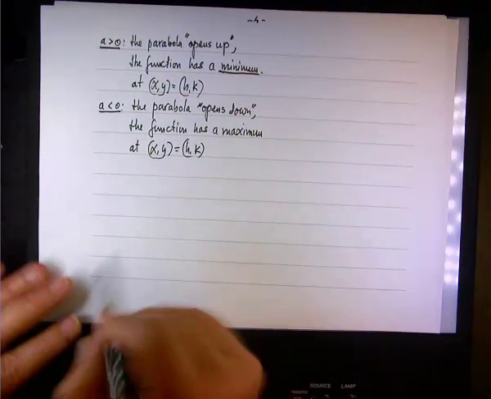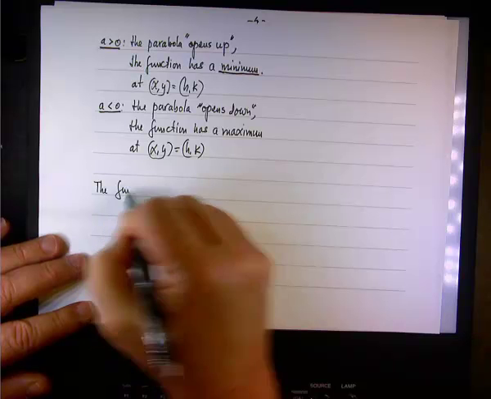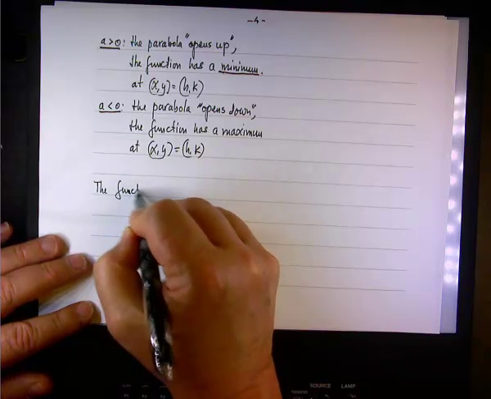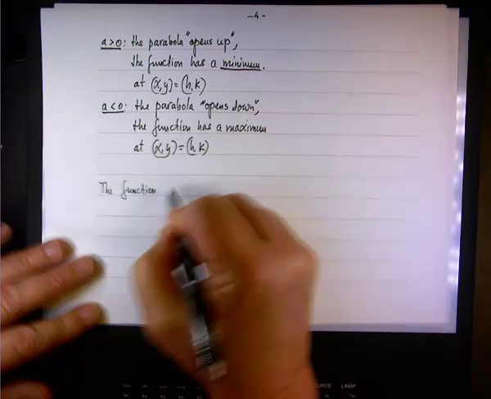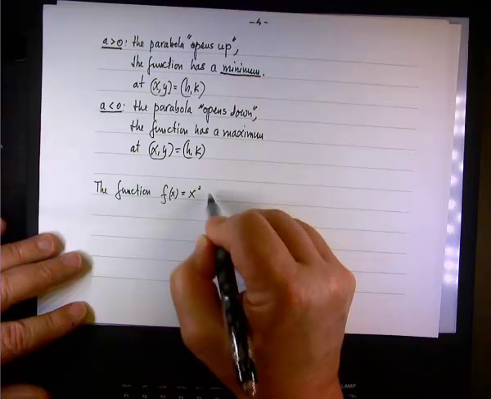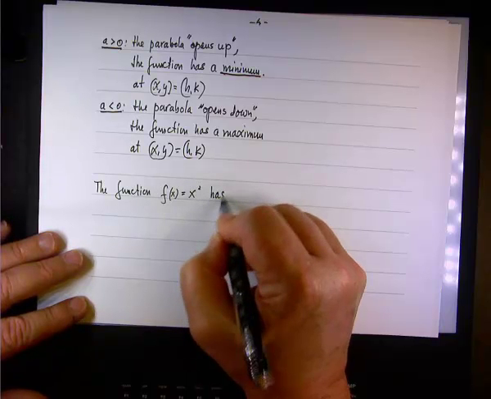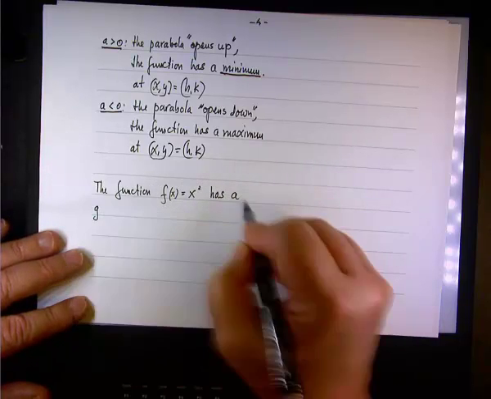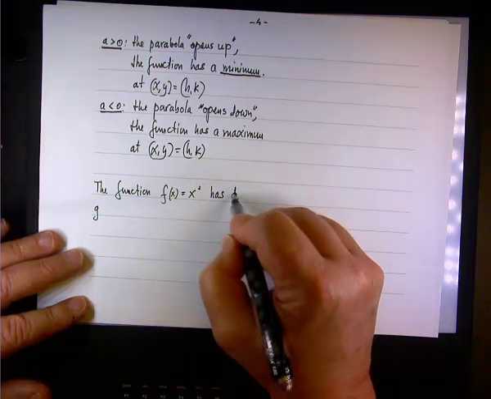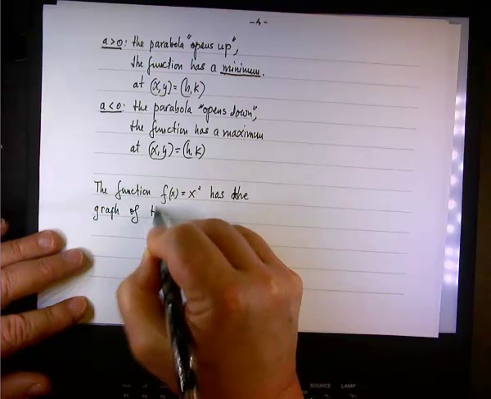If we start with the base parabola, the function f of x equals x squared has a graph, or the graph, of the base parabola.